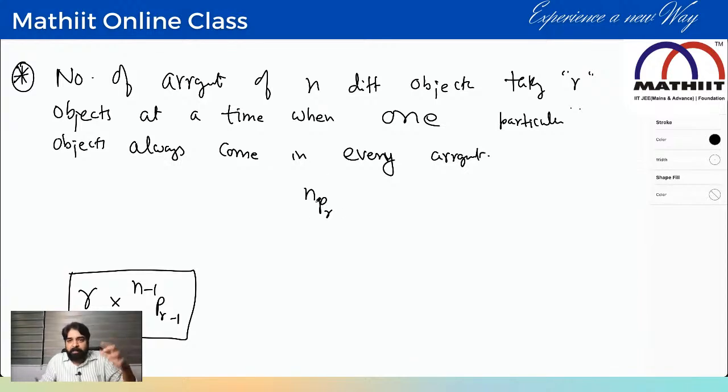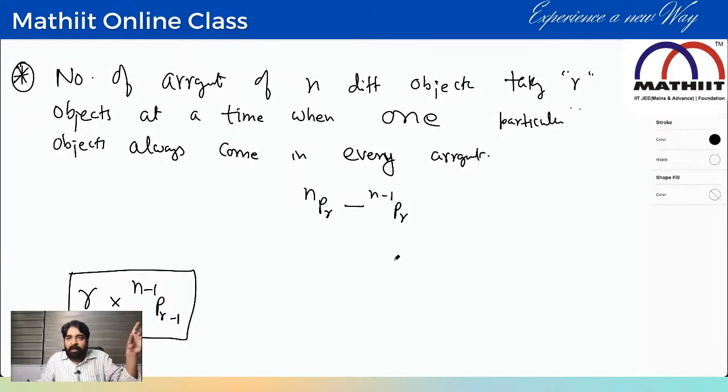So out of these many ways, I will remove those ways where that particular object is not coming. So minus, in how many ways can I arrange the objects into R places so that a particular object never comes? You will say, we did this before: n minus 1 P r. Yes or no? One particular object never comes, so that particular object, throw it out.